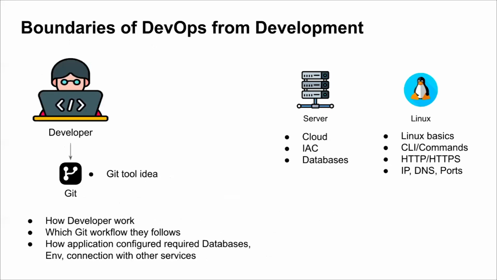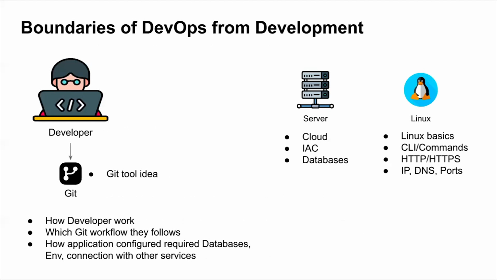Now as we talk about the boundaries, from where the boundaries of a DevOps engineer start. It's not like as a DevOps engineer you will be writing the code of the application, and also doing all the operations and everything.